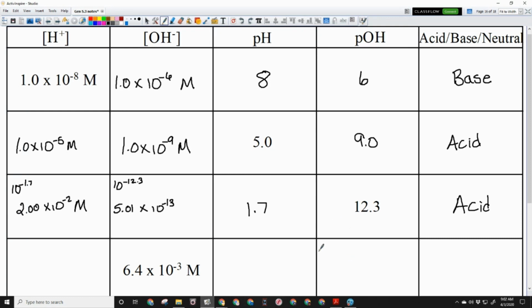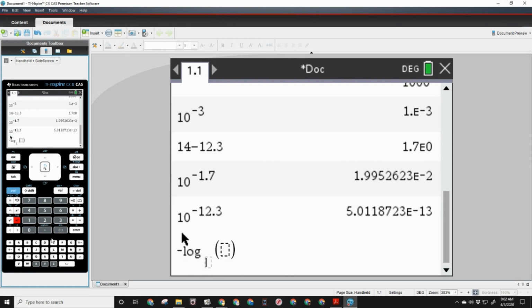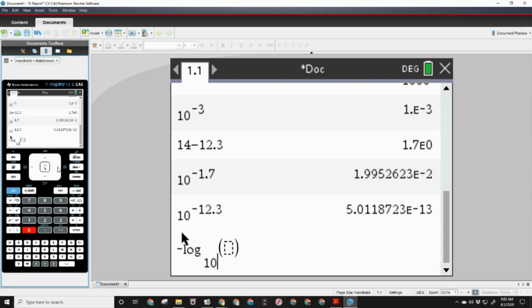Okay, so to get this, it's going to be the negative log of the hydroxide ion concentration. So we're given the hydroxide ion concentration here, so it's the negative log of this. Okay, so that's 6.4 times 10 to the negative 3.